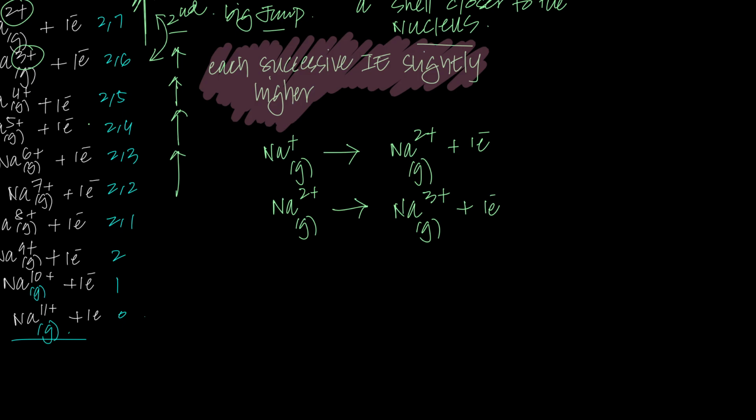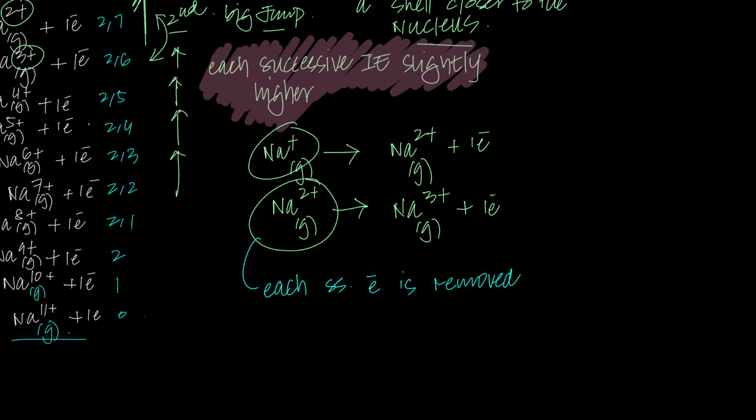Each successive electron, listen to me very carefully, is being removed from a more positively charged ion. And what do we mean by a more positively charged ion? Why would this increase the ionization energy?